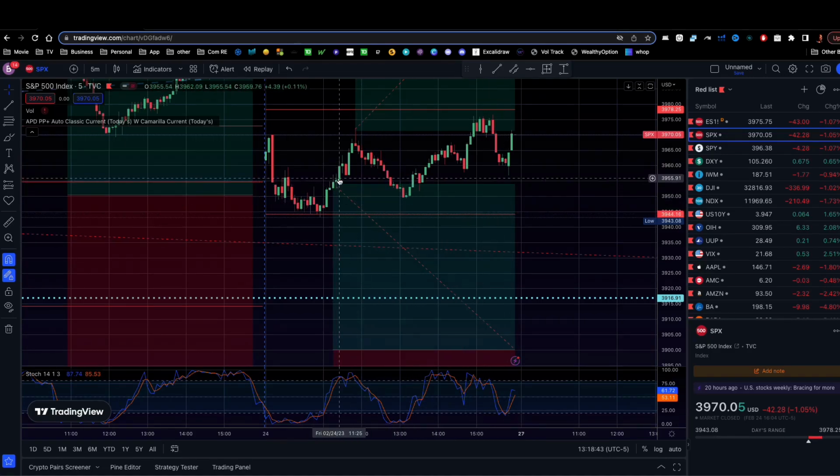So what you want is to get a nice lead on the market, which we did right here. The market continued to go up, and it made our trade better and better and better, because you have to remember that this is about time. The more time that the market spends going up and away from your strike, the better things are for you, because the market takes time to move in whatever direction it's going to move.